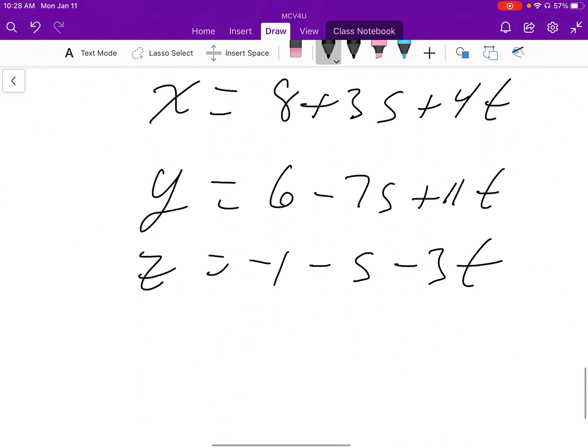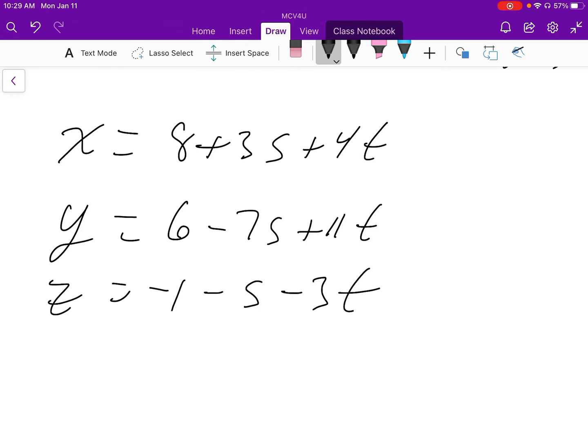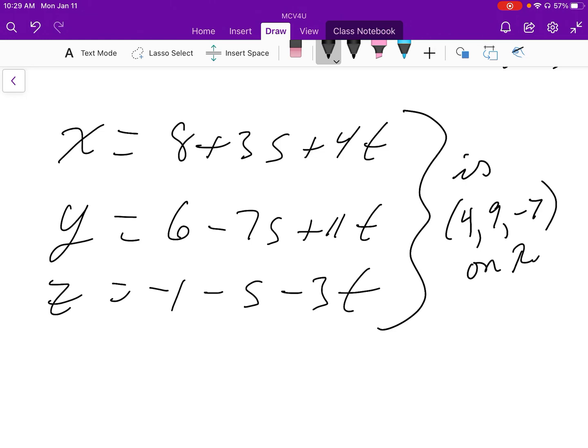If I look at the parametric equations and ask, is the point 4, 9, -7 on this plane? Remember, if it's on the plane, the point needs to satisfy the equations.